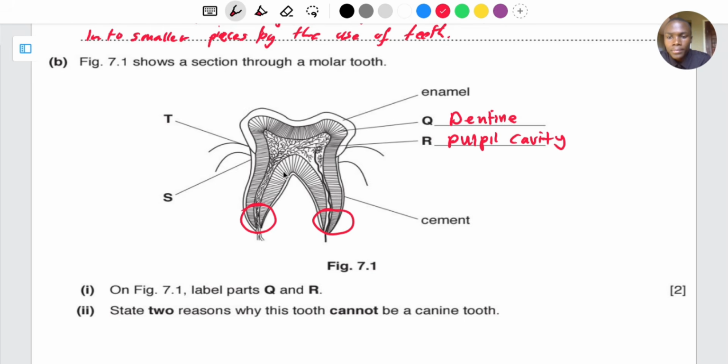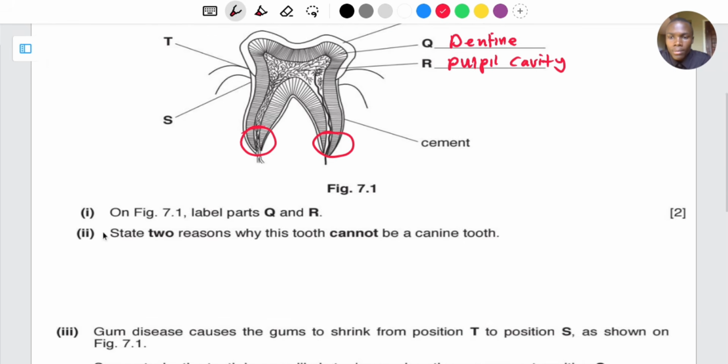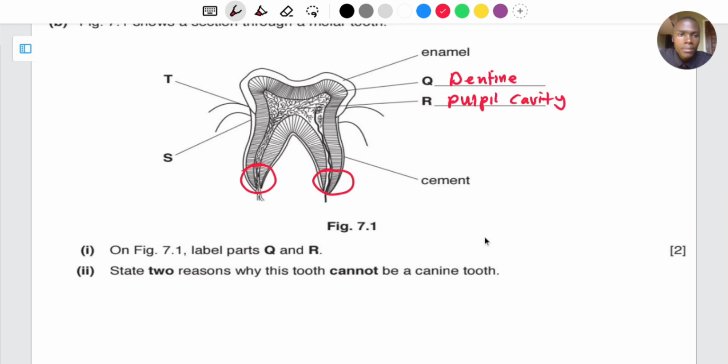The second question says state 2 reasons why this tooth can't be a canine tooth. Like I was drawing those structures, the canine, the incisors, the premolar, you saw what was happening.